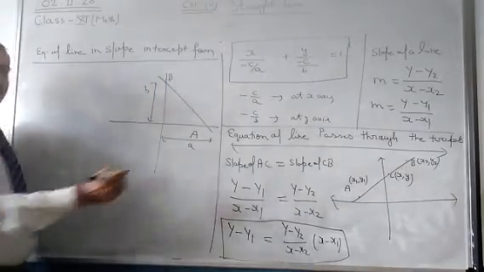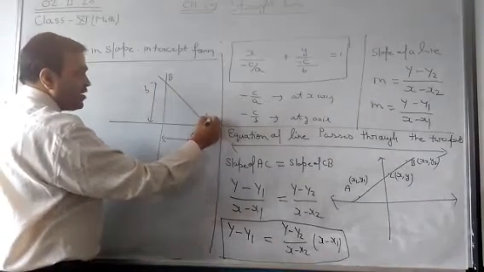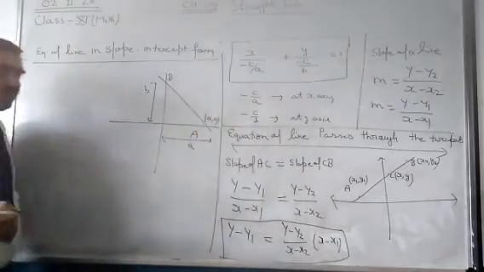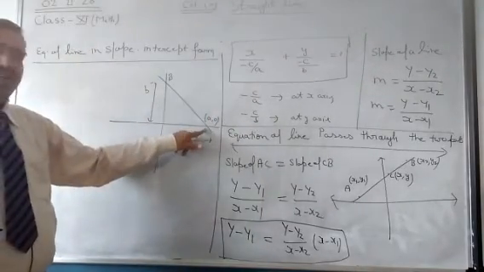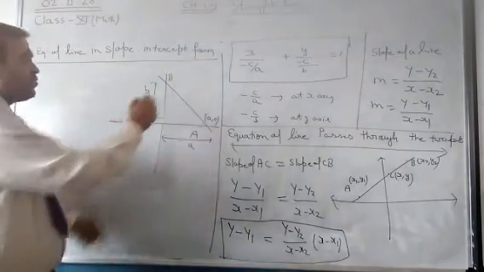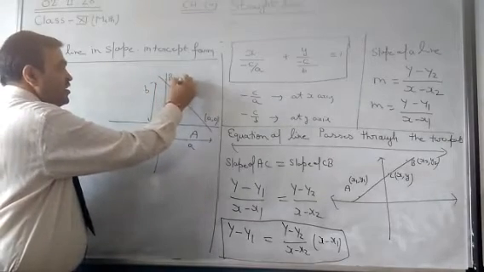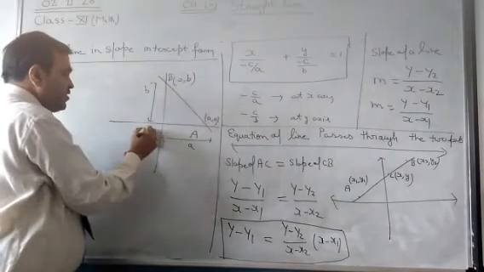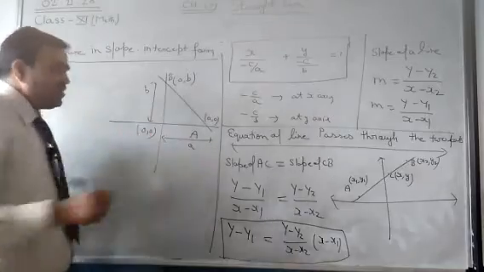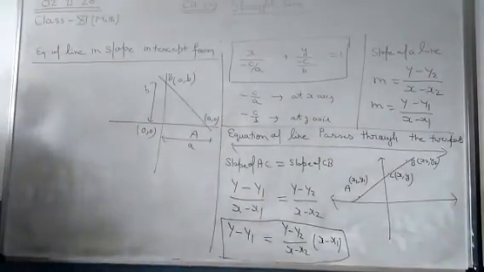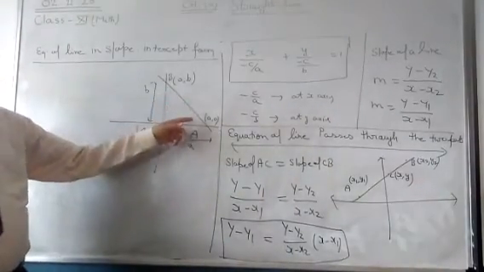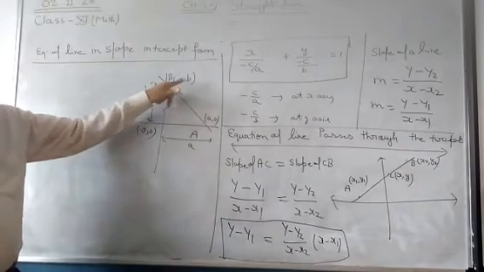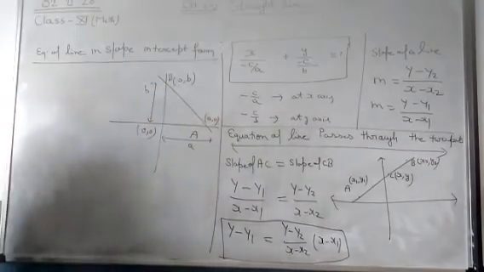Therefore, the coordinate of A is a comma 0, and the coordinate of point B is 0 comma b. This is the origin.